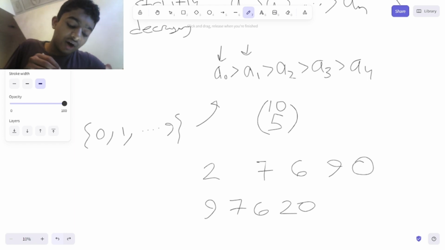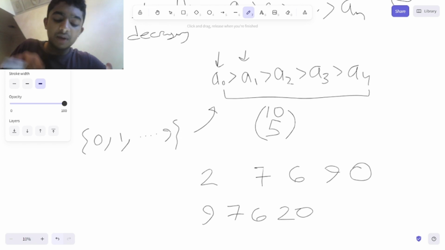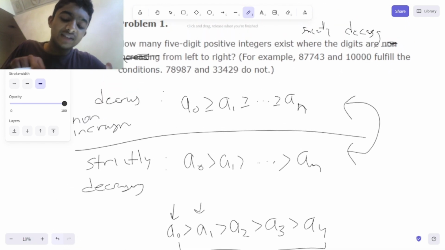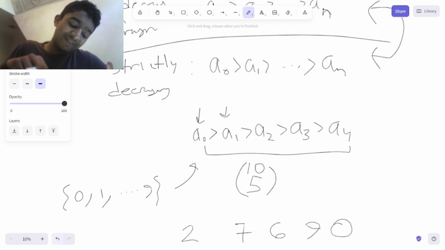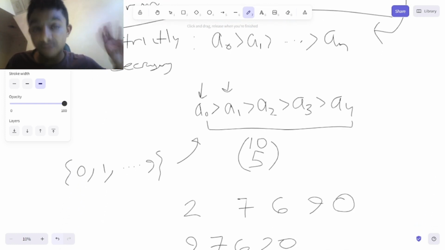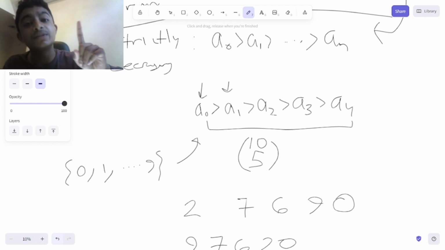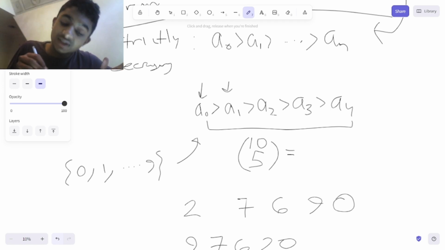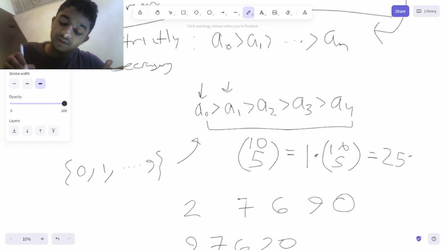That's why the answer to this reduced problem, if they were asking strictly decreasing instead of non-increasing, could be found very quickly: it's just 10 choose 5. We're just choosing 5 out of the 10 possible digits, and there's only one arrangement for every combination, so the number of solutions is 1 times 10 choose 5, which is equal to 252.